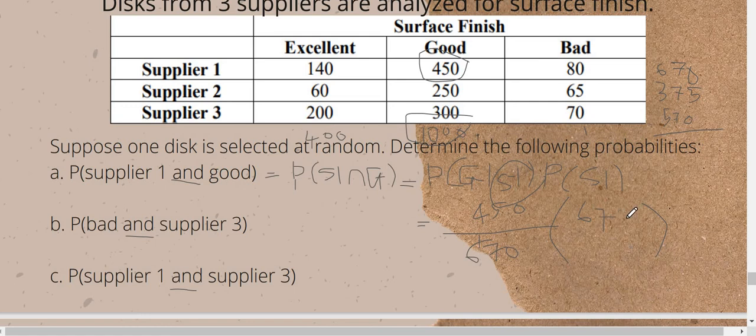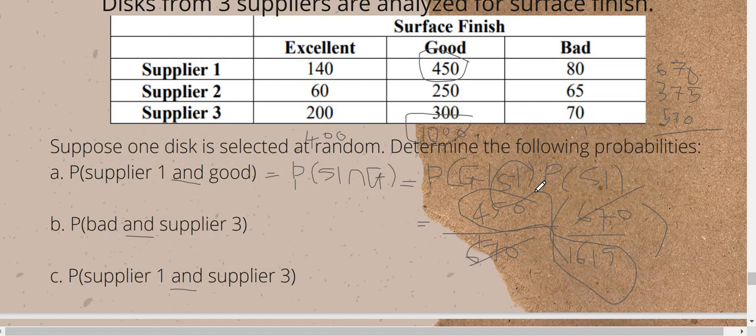Then over the total, which is 1615. You can cancel these two figures, 670, and you will get the same one, 450 over 1615, which is equal to the previous one.